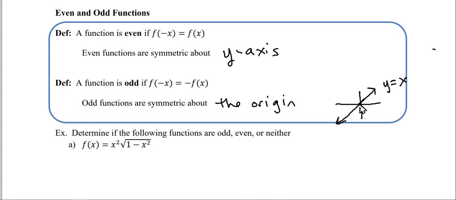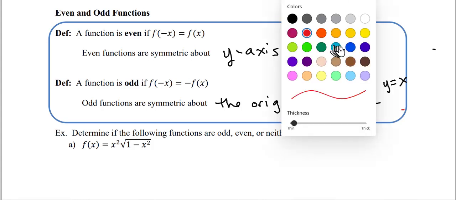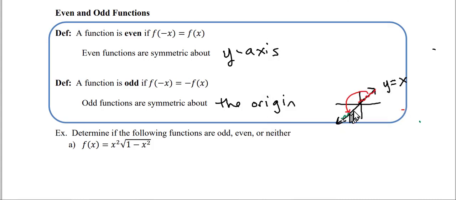If you pick that up and rotate it 180 degrees, this part would move down and would go on top of that, and this part here would move up to here. And so that's what we are referring to when we talk about origin symmetry. It doesn't have to be a line. Lots of functions have origin symmetry that are not linear functions. We'll see some examples here.